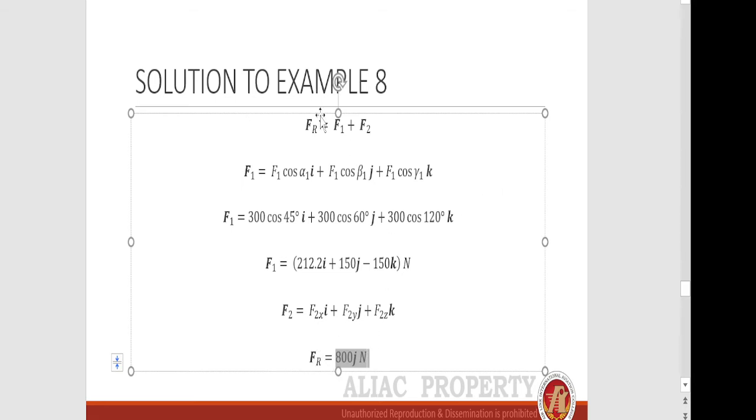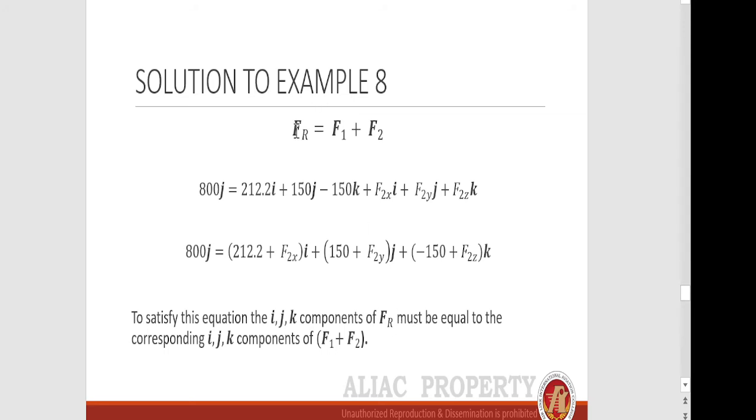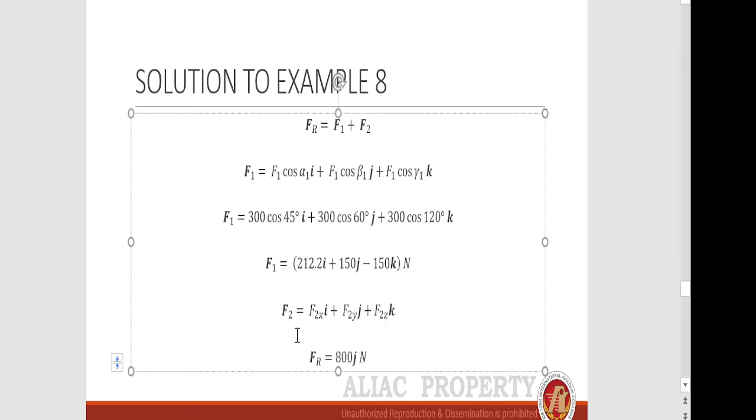Fr is given. So by using this formula, we can find F2. F2 should be equal to Fr minus F1. That's what they did here. By using this formula, substitute 800 j for Fr, then F1, this one, substitute, F2, this one, substitute.